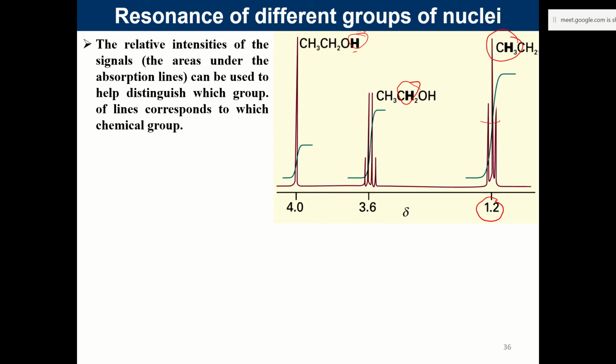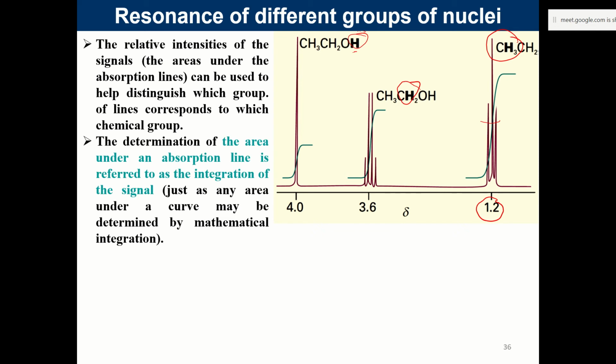The green plot that you are seeing is because of that, and the area is indicated by the green curve line over there.